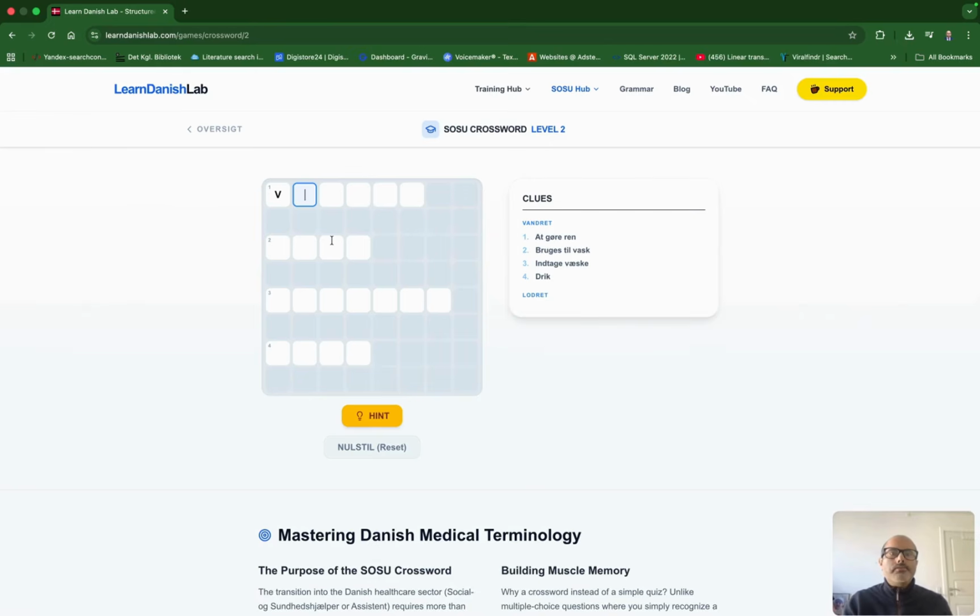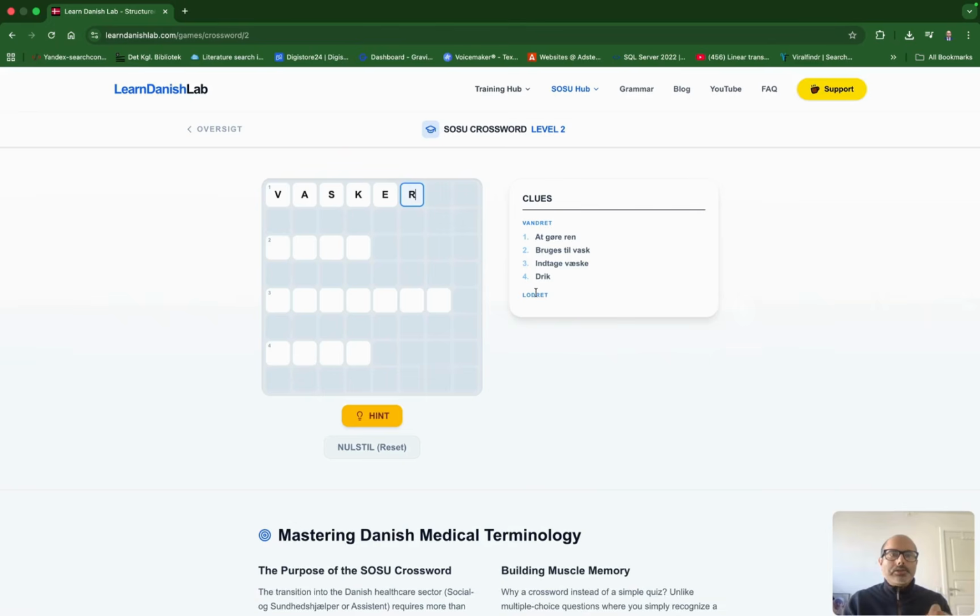It started from B. You see, even if you don't have any idea, you can keep pressing hint. We have got the VA. What could be? It's at vaske. That means wash. We give the bath to the beboer, right? We vaske them.